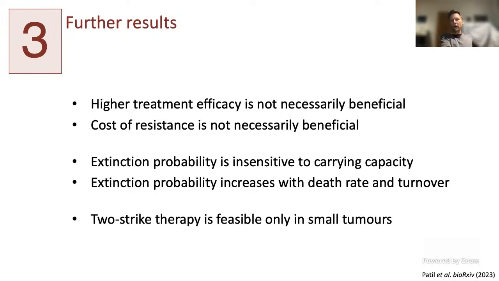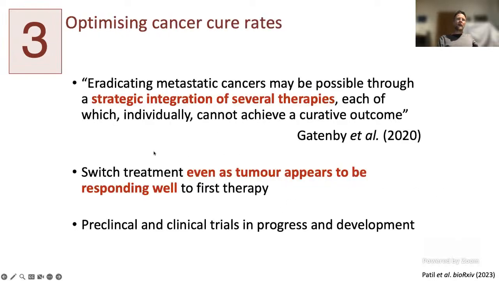This is a good way of using drugs that perhaps in the clinic they might say we wouldn't normally treat with, because by itself it would never cure the tumor. What we're saying is essentially what Gatenby said here: the strategic integration of these therapies, each of which individually cannot achieve a curative outcome, might still eradicate the cancer.